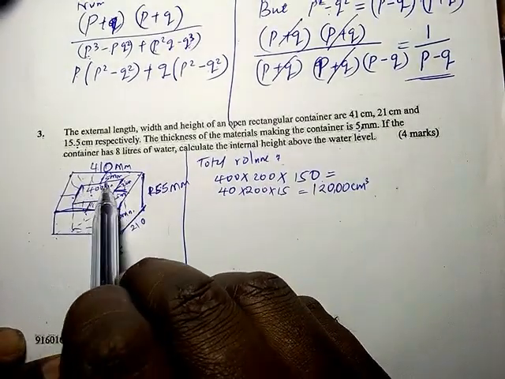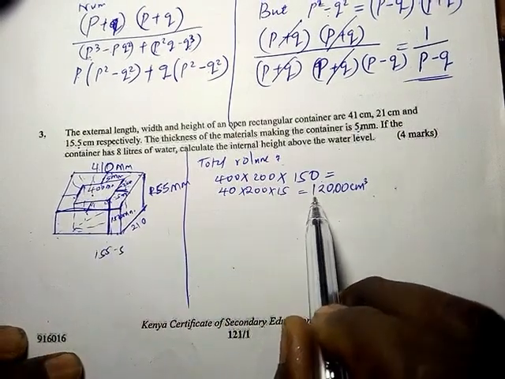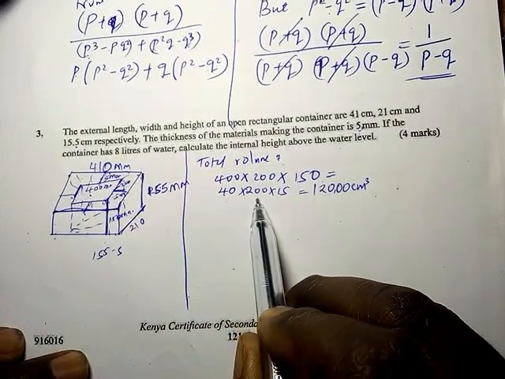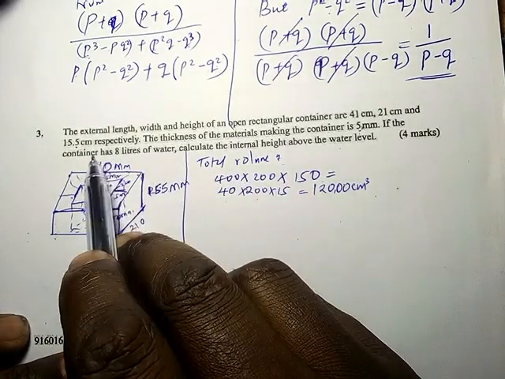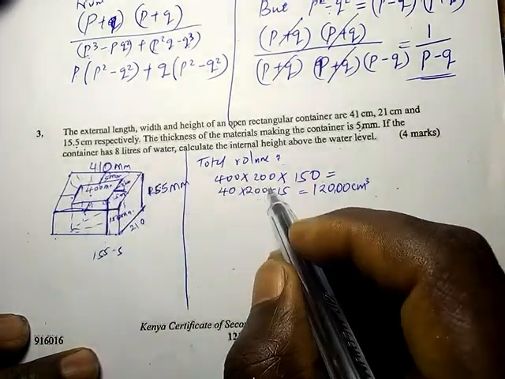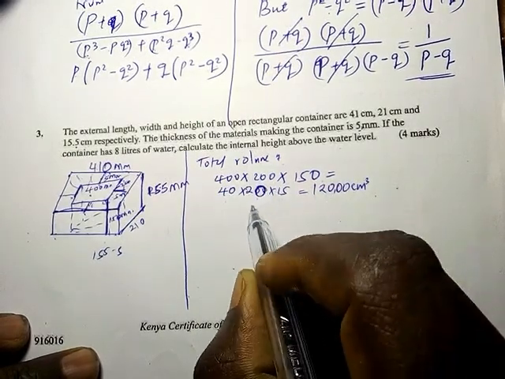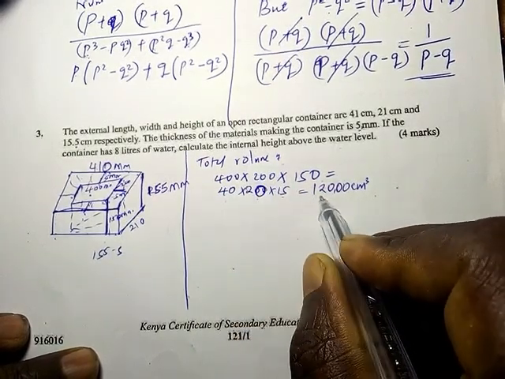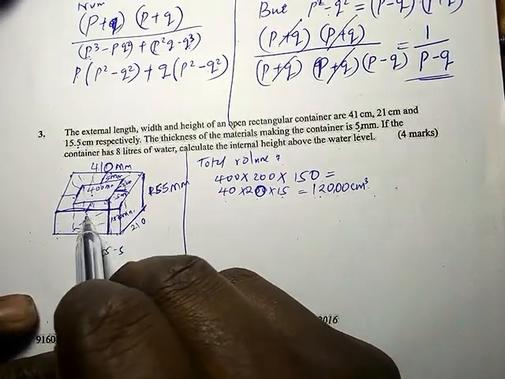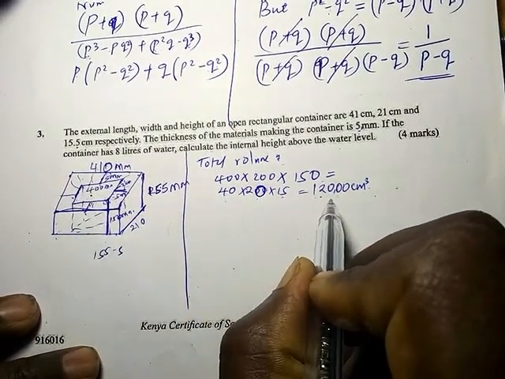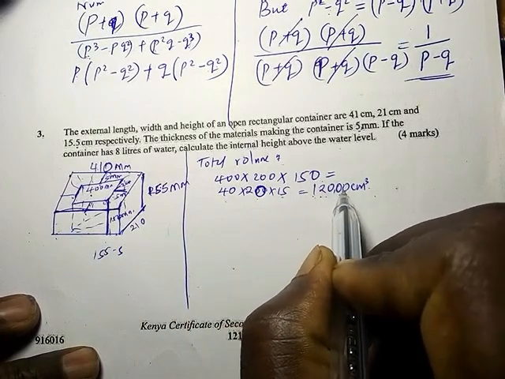This will give us 12,000 centimeters cube. So all the water that can fill this container is 12,000 centimeters cube.